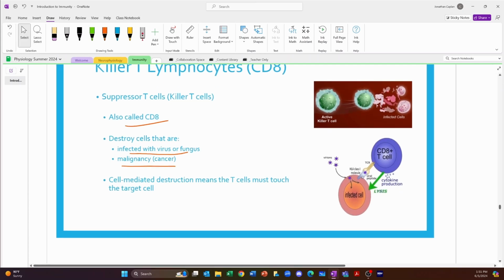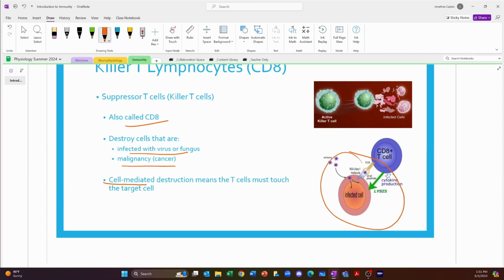Remember, T cells are cell-mediated, meaning the cells have to touch. B lymphocytes are antibody-mediated. They just produce antibodies, and the antibodies do whatever they've got to do to kill the pathogens. But T cells are cell-mediated. They have to touch. So this is touching right here to kill off that infected cell. It grabs onto it, injects its contents, and kills it off.